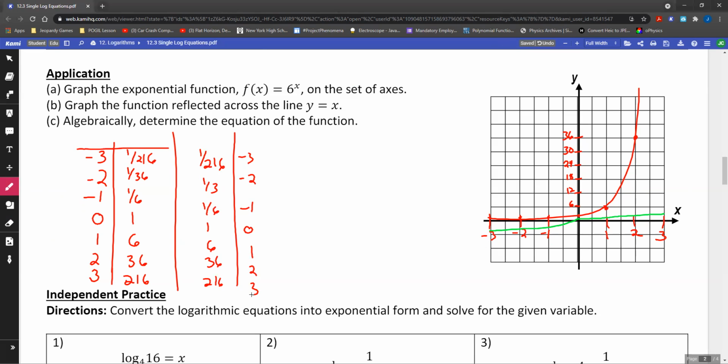So here, that would be 1 point. That'll be right there.